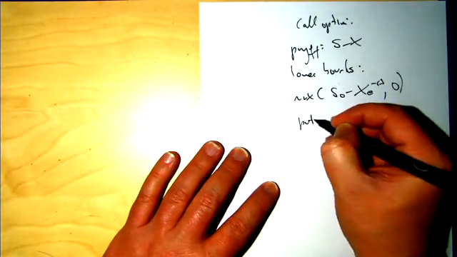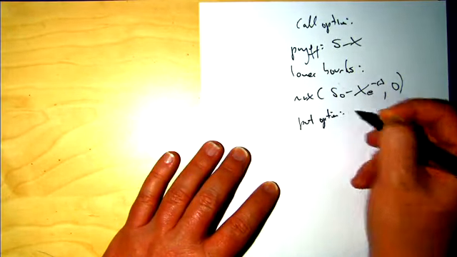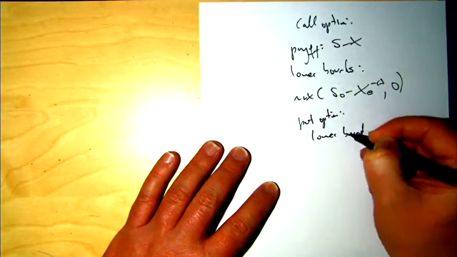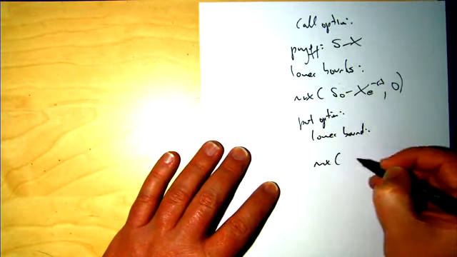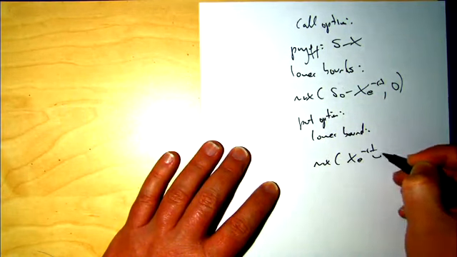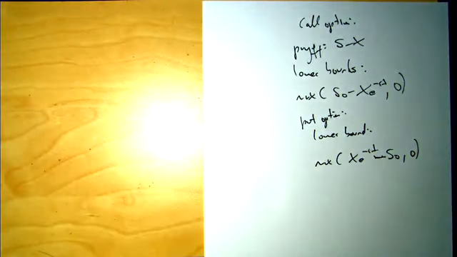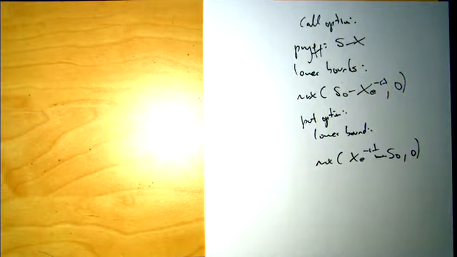And for my put option, the lower bound was the maximum of X e to the negative RT minus S0 and 0. Okay, so that's what we spoke about a few minutes ago. Let's just put it down on overhead. Now let's talk about what N of D1 and N of D2 actually measure.